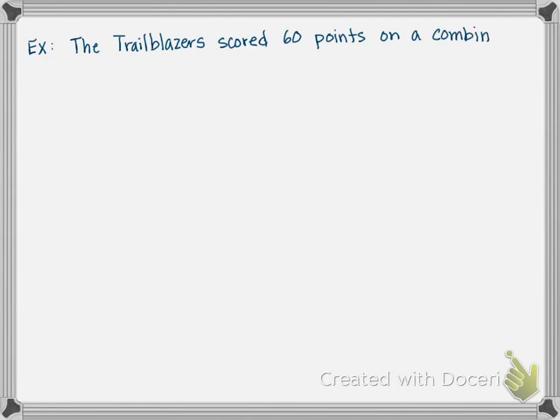Let's do basketball. So let's say the Trailblazers scored 60 points on a combination of 2-point shots and 3-point shots.